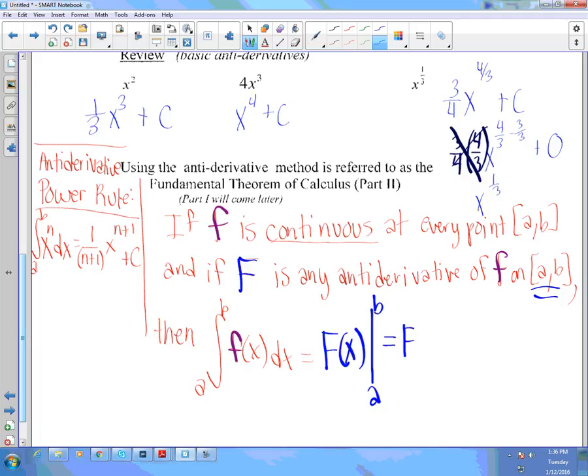So the fundamental theorem tells us we can plug our upper bound into capital F, subtract our lower bound into capital F, and that will tell us the exact area under the curve. Okay? Let's go over to the first problem.